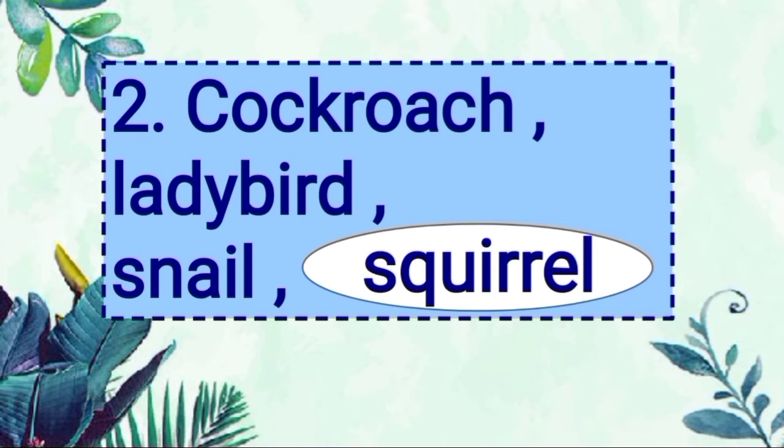So here cockroach, ladybird and snail are animals without backbones, means they are invertebrates. But fourth word squirrel is an animal with backbone. So fourth is different from first three words. So we have to circle squirrel.